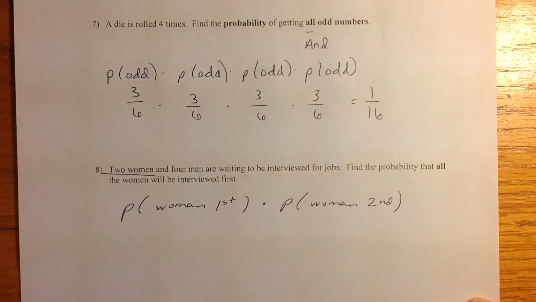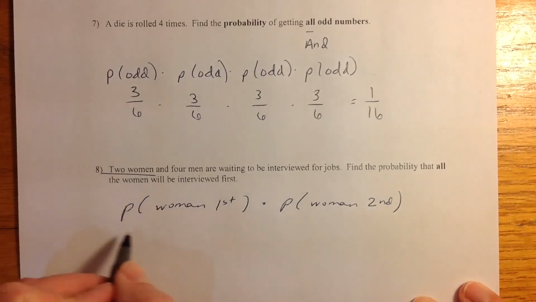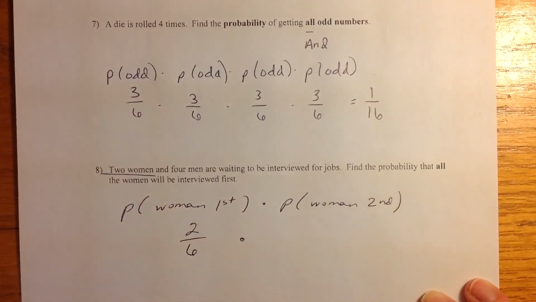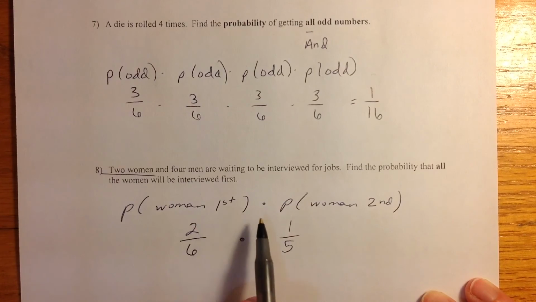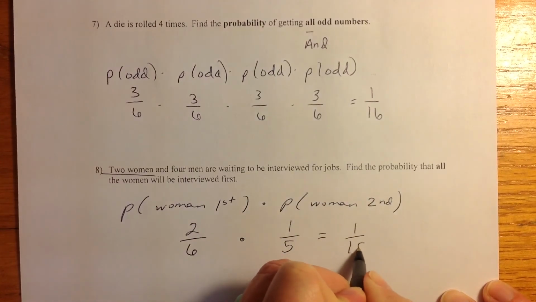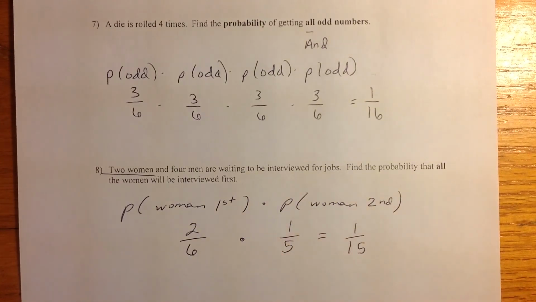We do not need to have any men in this to compute because we're just worried about the probability that the women go first. Well, there are 6 total people being interviewed, so the probability that a woman would go first is 2/6 times another woman going is 1/5 because 1 has already gone, so that lowers how many are left, and it lowers how many in total are left for an interview. So you get 1/15 when you work that out.